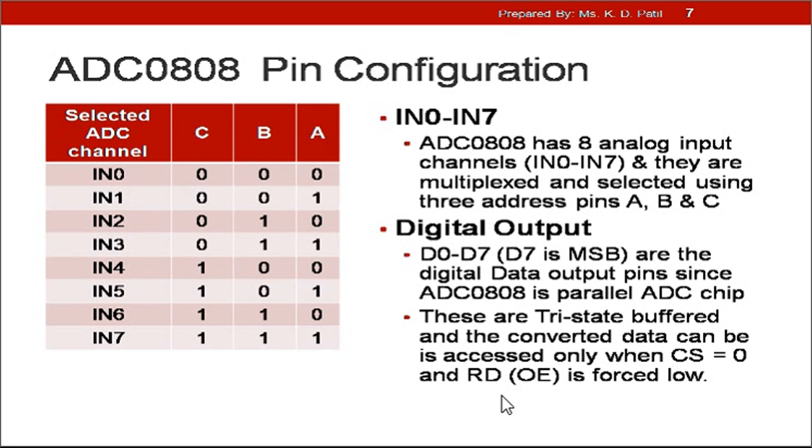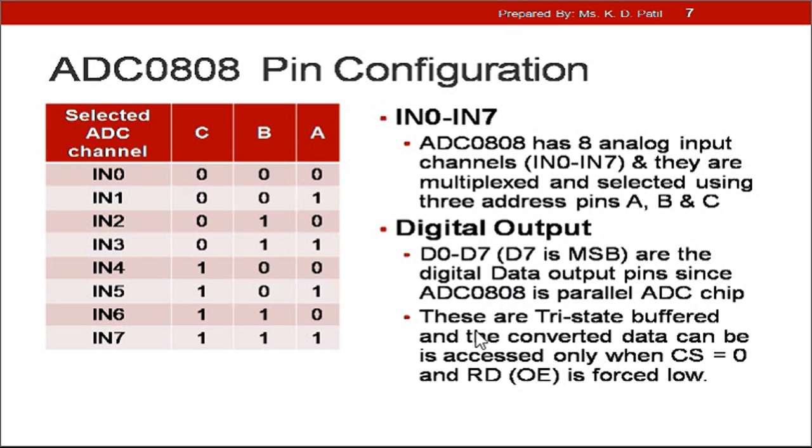Now how will those digital numbers be sent by the ADC to the microcontroller? The 8-bit digital output lines are available from D0 to D7 in the ADC 0808, and these lines are interfaced with any one port of the 8051 microcontroller, and through those digital lines the output will be sent to the 8051 microcontroller.